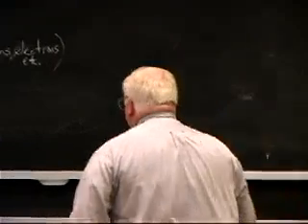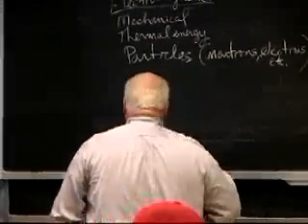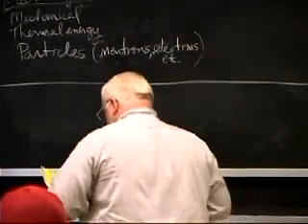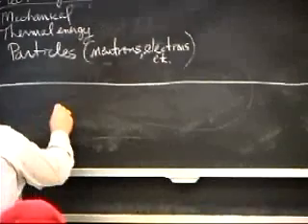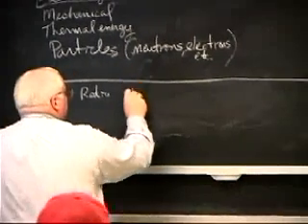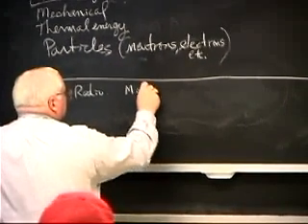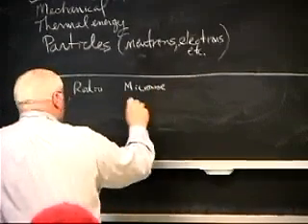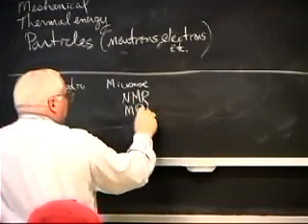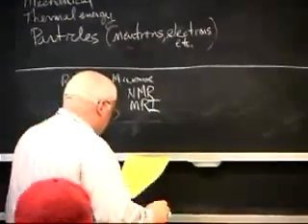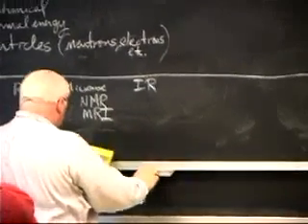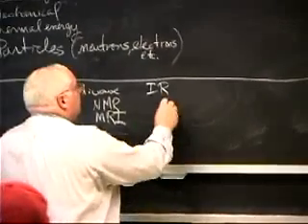If you want to look at what people have used, just take the electromagnetic spectrum. I've got radio waves, I've got microwaves. In microwaves I use nuclear magnetic resonance, which we now call MRI, because people are afraid of nuclear energy, even though nuclear magnetic resonance has nothing to do with nuclear energy.